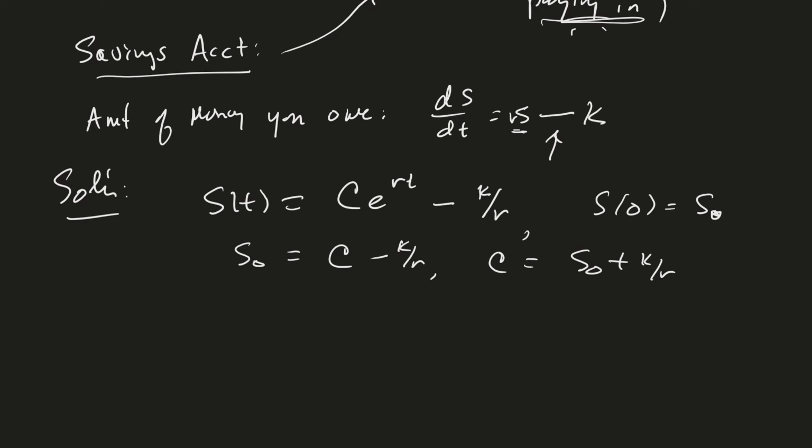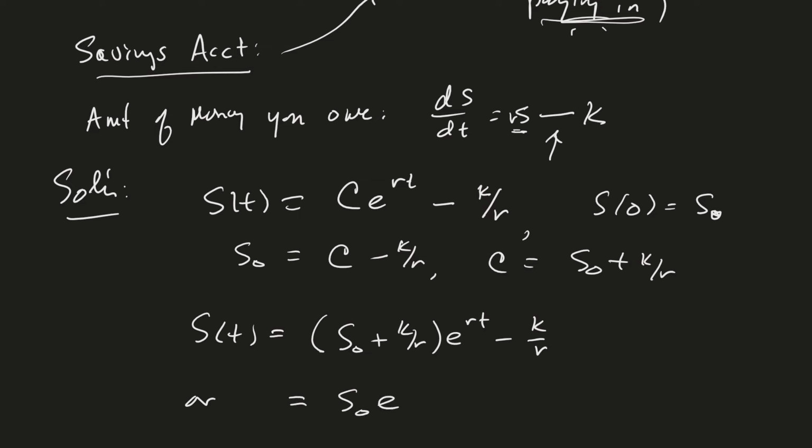Okay, and so then our s of t, the amount of money we have, you could write as (s0 plus k over r) times e to the rt minus k over r, or you could write this as s0 e to the rt plus k over r times (e to the rt minus 1). So that's another way to write it, if you like.